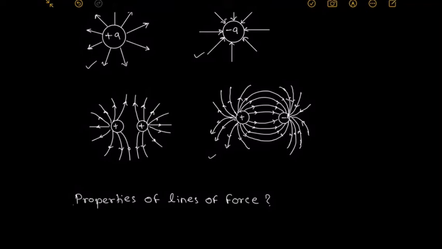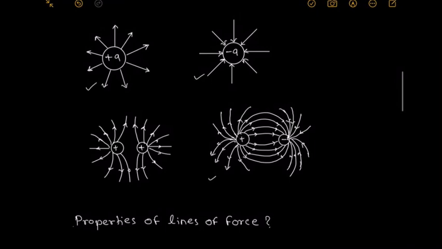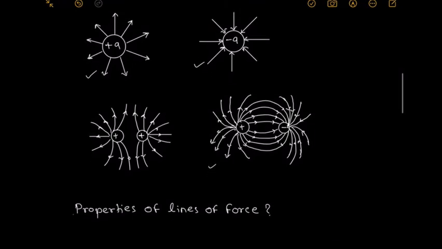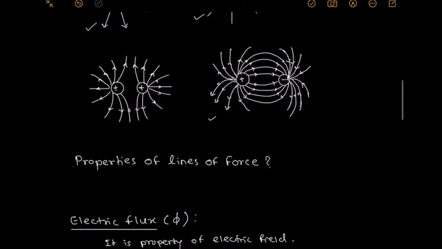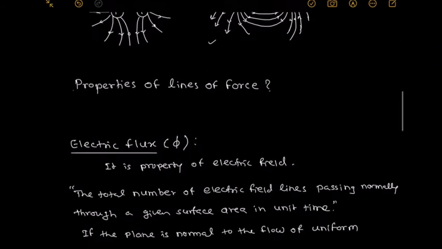On the other hand, if they are apart and less crowded, at that point the intensity of the field is less. Now these are the various properties of the electric field lines or the lines of force. Next we explain what electric flux is.